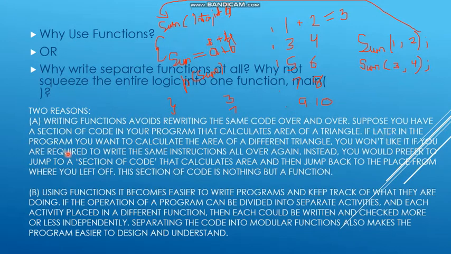If later in that program you want to calculate the area of a different triangle, you won't like it if you are required to write the same instructions all over again. Instead, you would prefer to jump to a section of code that calculates the area and then jump back to the place from where you left off. This section of code is nothing but a function.